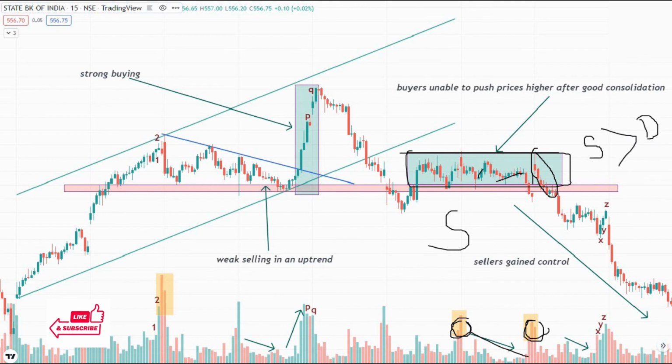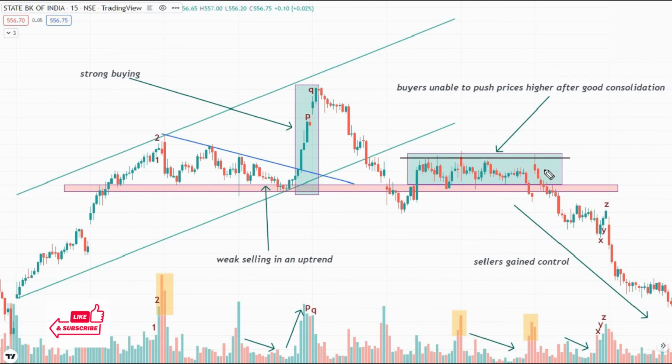So if buyers were very strong, after opening gap up, they had the greatest opportunity to now break these levels, because these levels are already tested now, and continue the upward momentum. But what happened? Even after gap up with huge volumes, prices came down aggressively towards the downside.